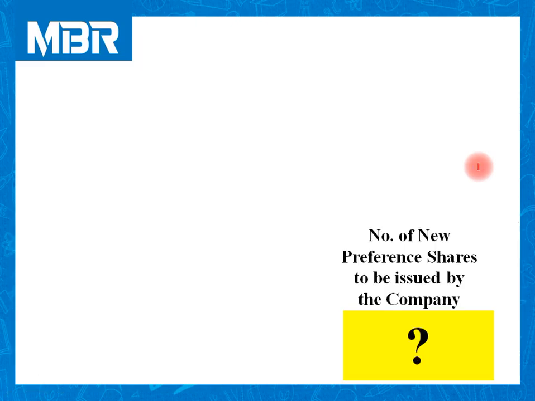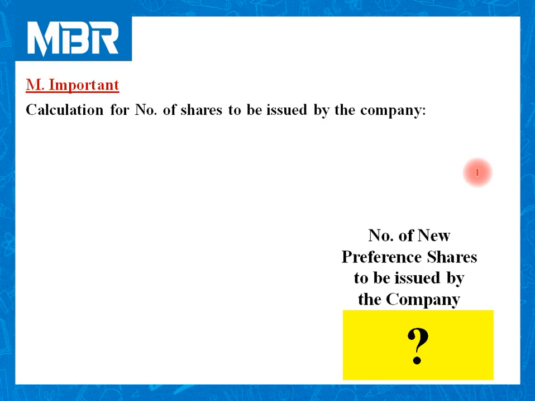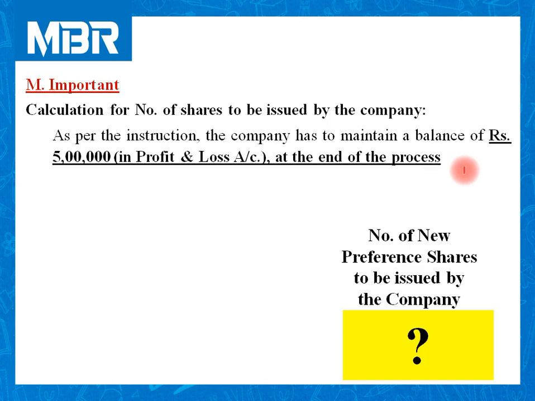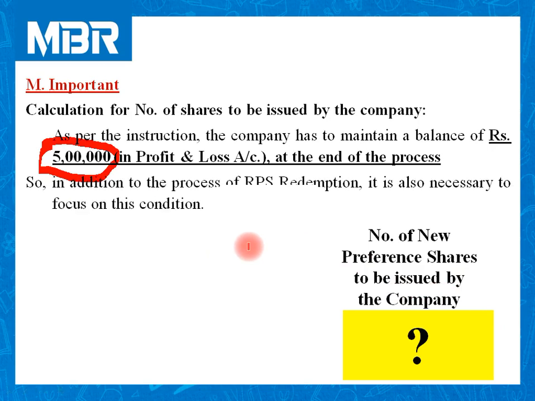But in this question, the turning point is calculation of the balance of profit and loss account, because a condition is given by the examiner that at the end of redemption process we need rupees 5 lakhs in profit and loss account. In all previous questions we have managed the closing bank balance, but for this question we need to concentrate on profit and loss account. Let us calculate the amount.